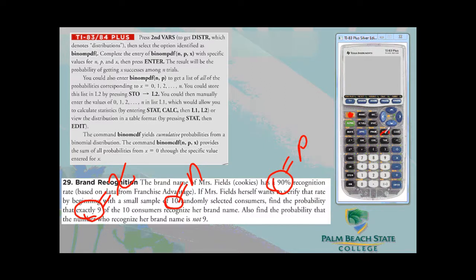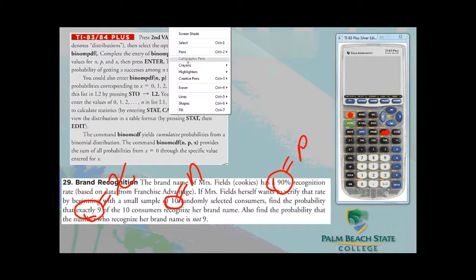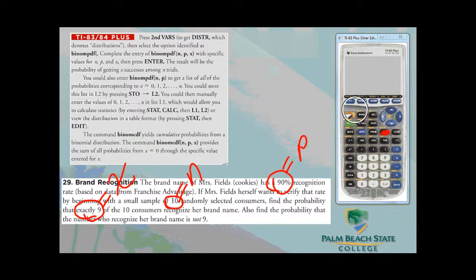So we're looking above the key that says vars to see where it says distributions. So we hit second, and then we hit the button that says vars, and above vars it says DISTR.